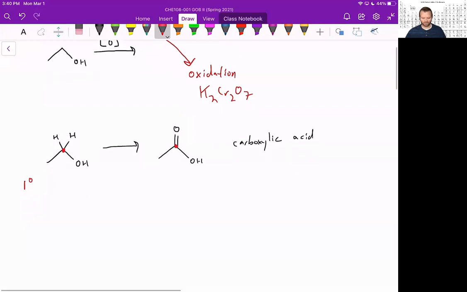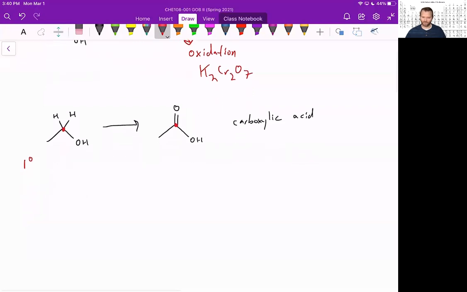So it undergoes two rounds of oxidation, losing two carbon-hydrogen bonds. There are reagents that exist that will only undergo one round of oxidation. Here we lose two carbon-hydrogen bonds.